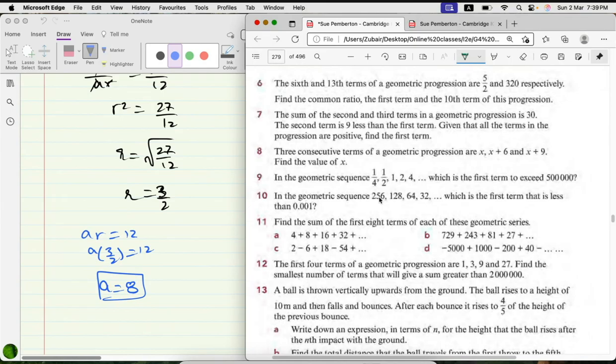Is this supposed to be solved simultaneously? Yep. The sixth and 13th terms.